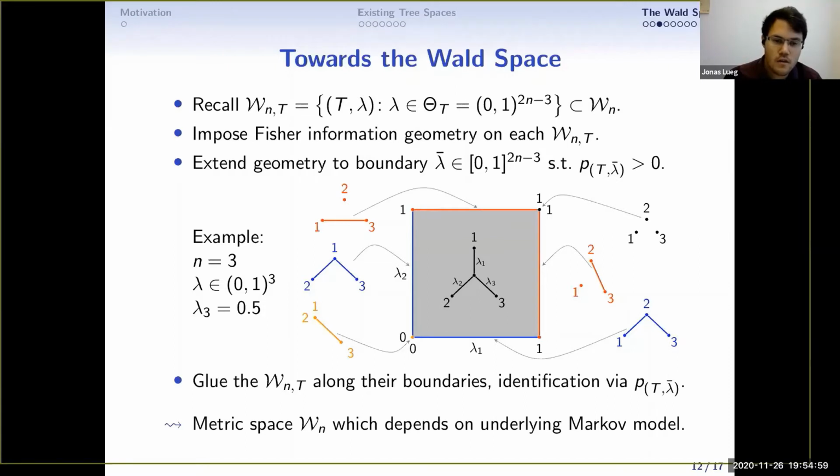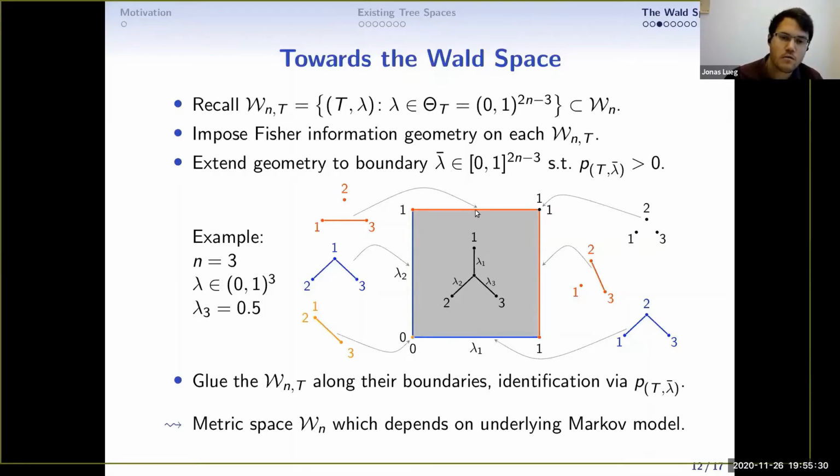You can see I've depicted the square here, where the coordinates are lambda 1 and lambda 2. And if you, for example, let both lambda 1 and lambda 2 go to 1, which corresponds to letting the original edge lengths go to infinity, we will end up with a probability mass function that coincides with the probability mass function of this forest topology here.